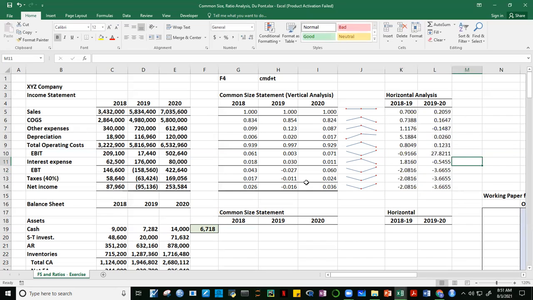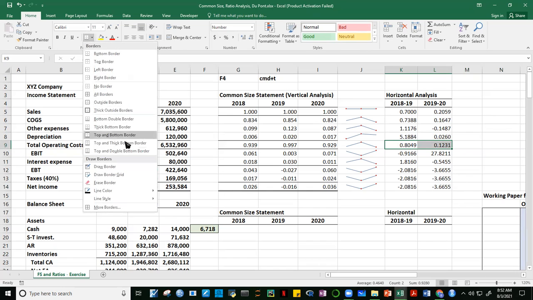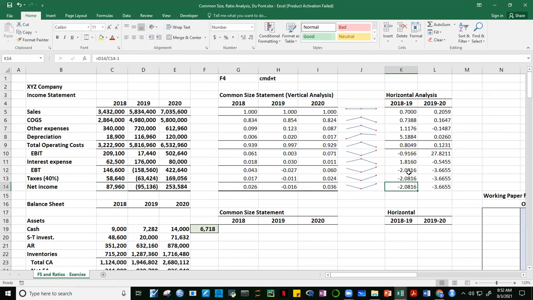And then lagyan natin ng top and bottom borders para mukha din siyang FS. Okay, let's analyze this.